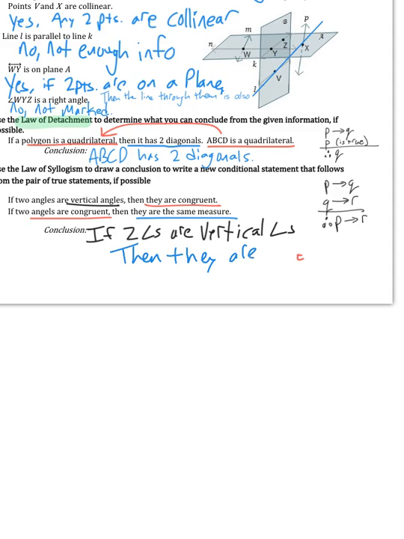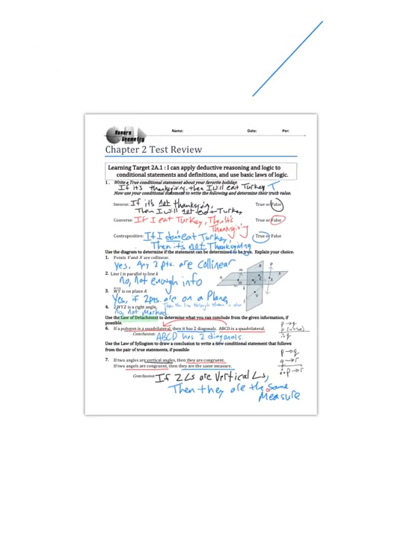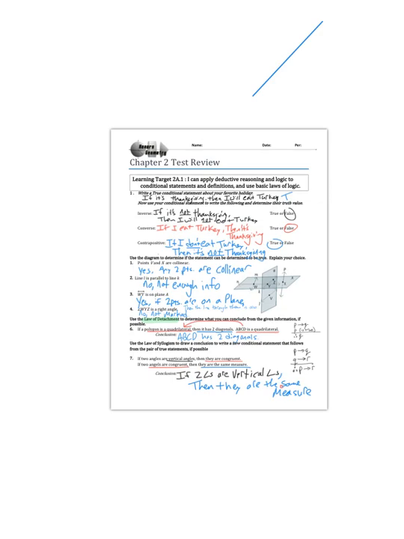And that's how the law of syllogism works. So we start with two if-then statements, and we end with an if-then statement in the end. We don't know if we have 2 vertical angles, but the moment you know that you have 2 vertical angles, you can say that they have the same measure. All right, that's the idea. Let's go on to the next page.